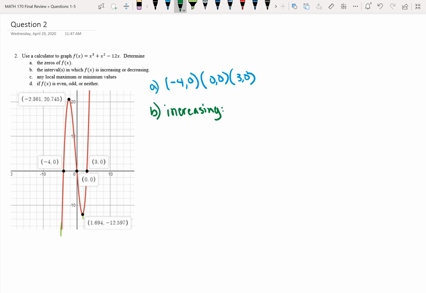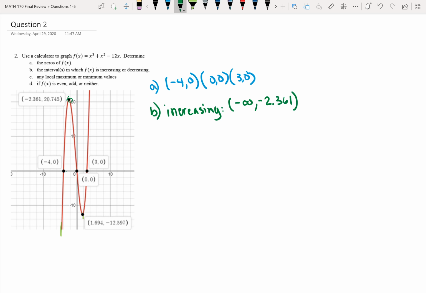As x comes in from negative infinity, my graph is going up, up, up until it gets to this point right here. And that point is at x equals negative 2.361. So from negative infinity to negative 2.361, I'm increasing.